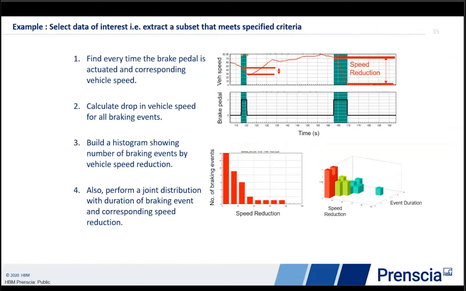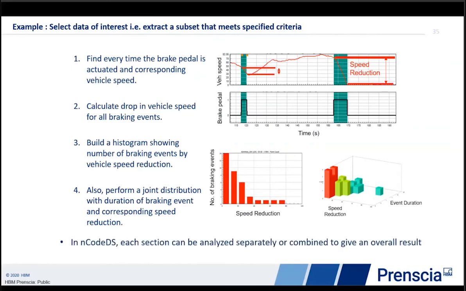You can also do that with nCodeDS. And nCodeDS then gives you the ability, having done that analysis, to either analyze each one of those sections that meet the criteria separately, or combine them together to perform an overall result. So nCodeDS has a lot of capability to configure how you want to do that.